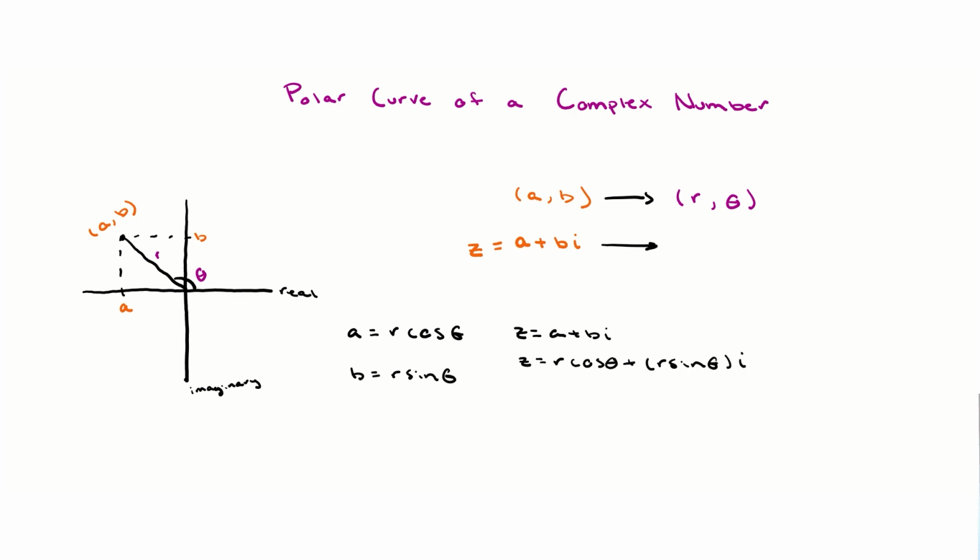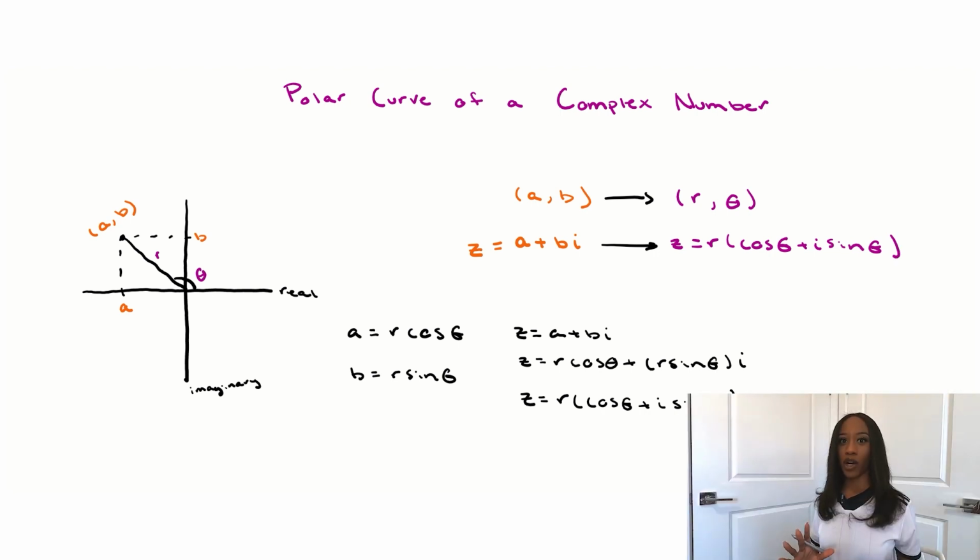Now we can factor out r to get z equals r times (cosine theta plus i sine theta). So when we find the polar curve of our complex number, this is the form that our final answer should be in.